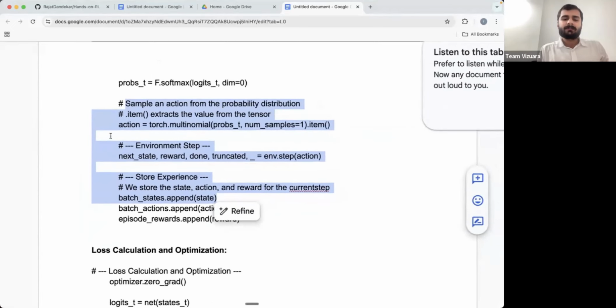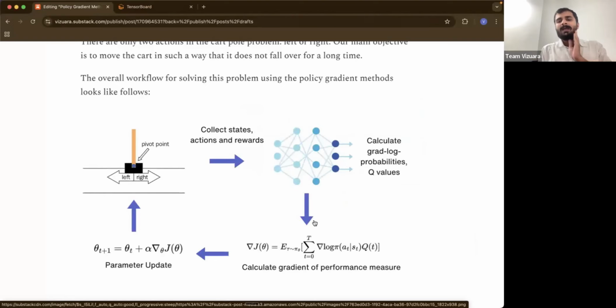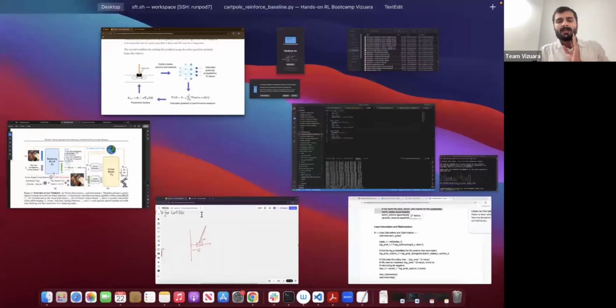Now, once we have calculated the batches and the states, actions, and rewards are collected, the time comes to calculate the loss and then do this gradient ascent rule. How that is done is very interesting. So here you see first, we collect the logits for the states and then again do the softmax so that we get the log probabilities.